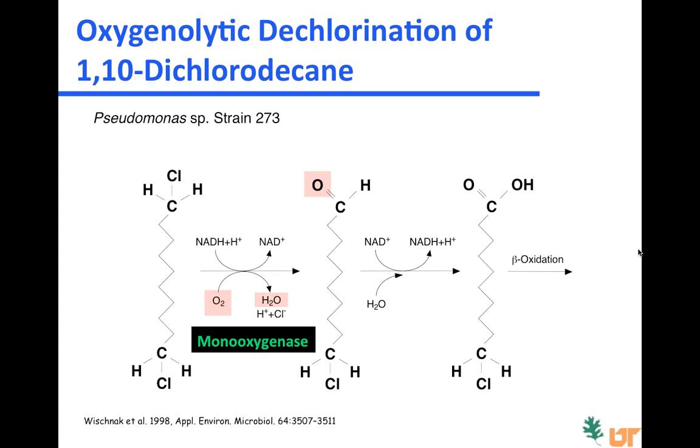What I want to point out is that if you look at oxygen highlighted in red, only one of the oxygen atoms is actually incorporated into the product, this aldehyde. The other oxygen atom from oxygen goes into H2O. And so this mechanism is catalyzed by an enzyme system called monooxygenase. So such monooxygenases can be important for oxygenolytic dechlorination.